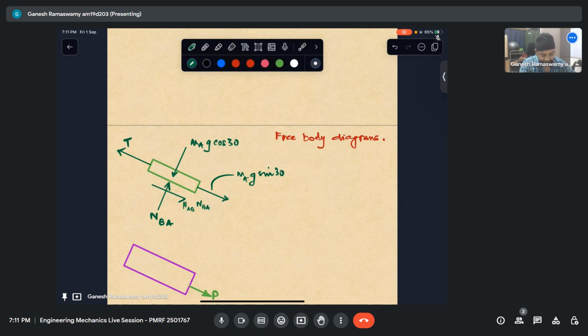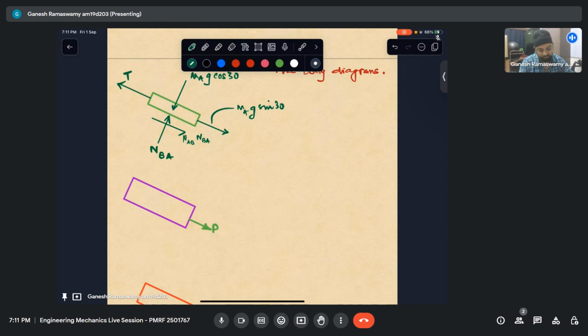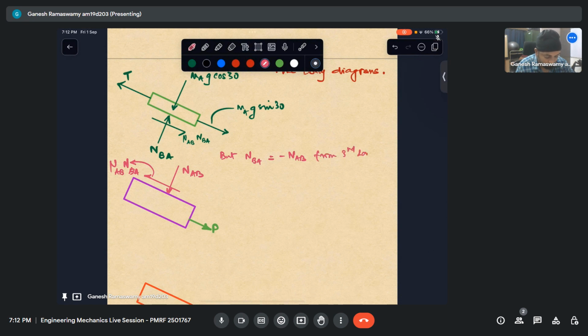Now on to the second box. If I start drawing it, I'll have this just getting opposed because of Newton's third law. So naturally this will be mu AB NBA, and then I have this like NAB, but NBA equals minus NAB from the third law. We know this.